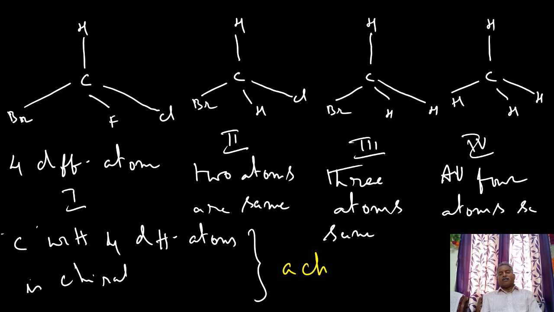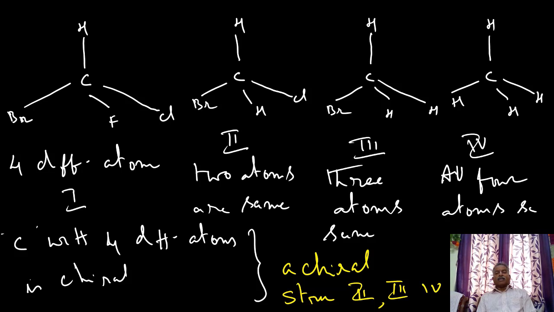So structures 2, 3 and 4 all are achiral carbons, because the same atoms appear 2 or more times.